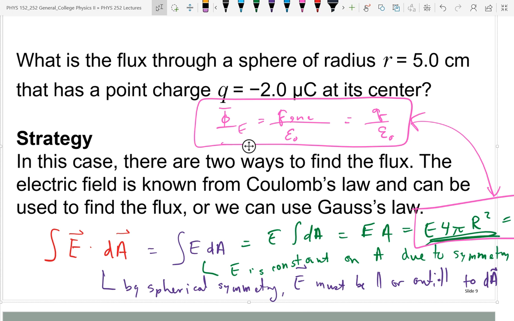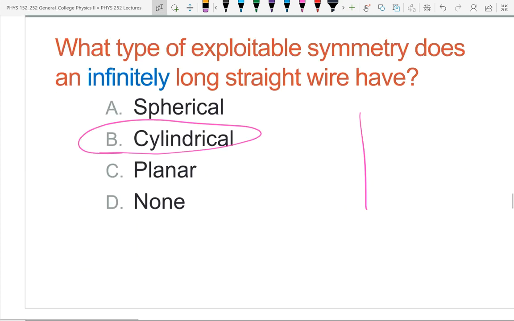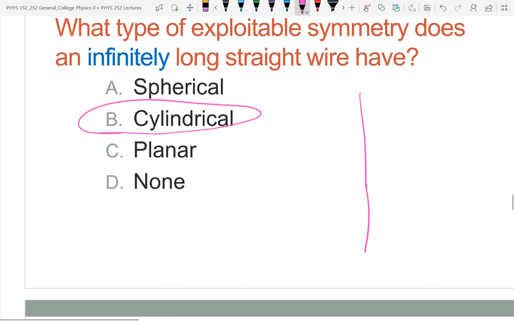But then comes the trickiest part. I have a line that goes on forever. I am not going to make my Gaussian surface infinite in height. It has to be concentric with the wire, but just have an arbitrary height h.